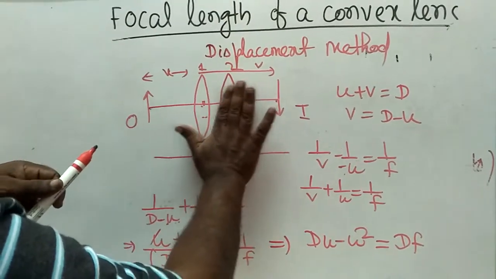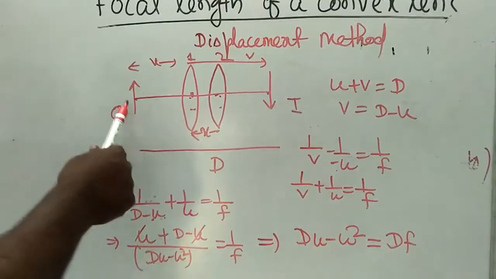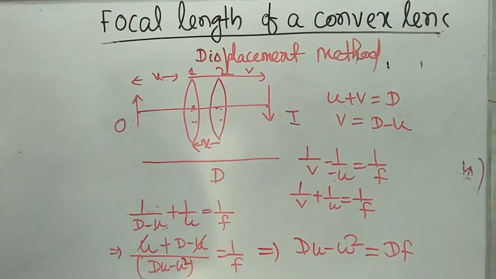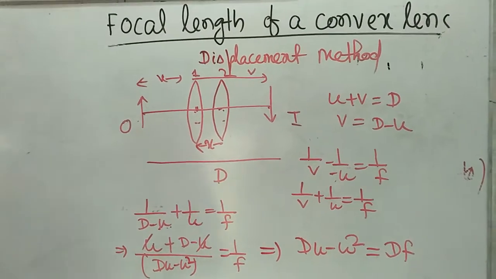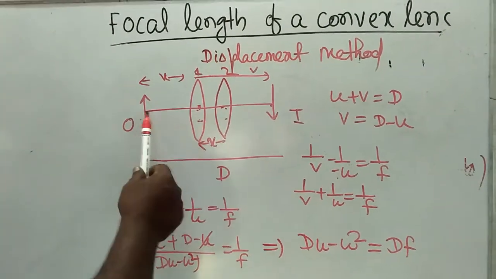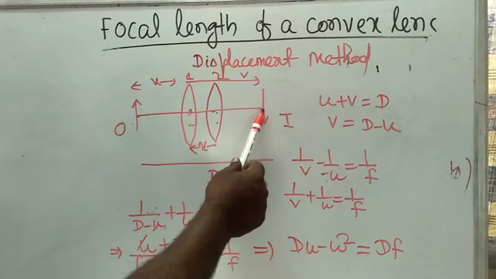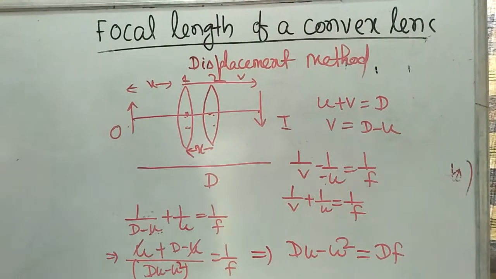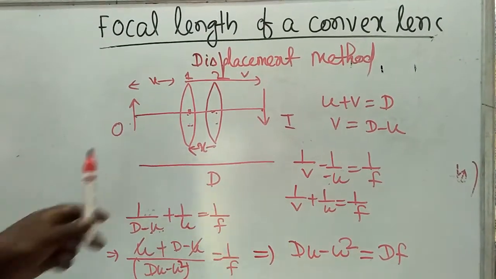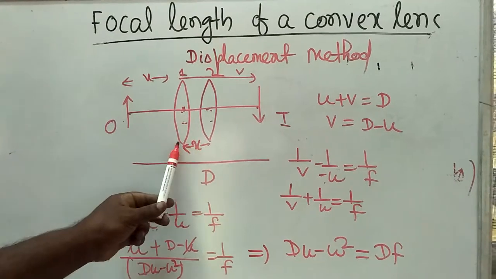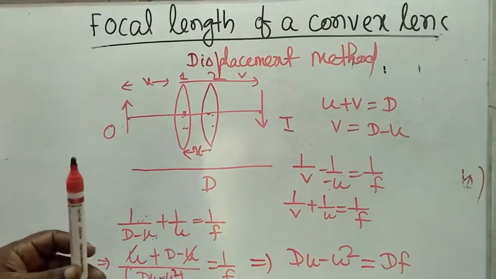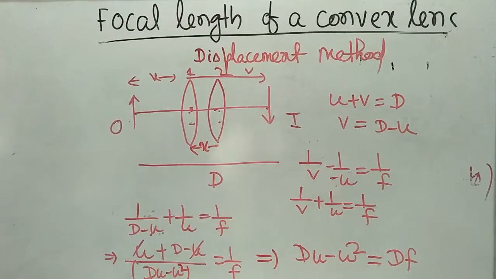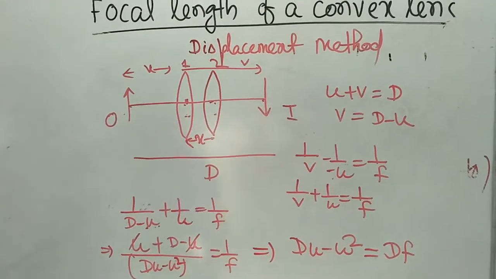Then shift the lens to another point, keeping the object and image positions fixed, and again you will get the image. The distance between the two lens positions we call the displacement of the lens. Using the displacement formula, you can calculate the focal length also.